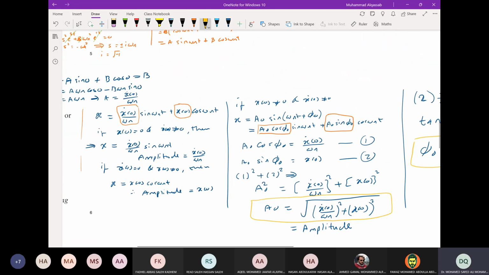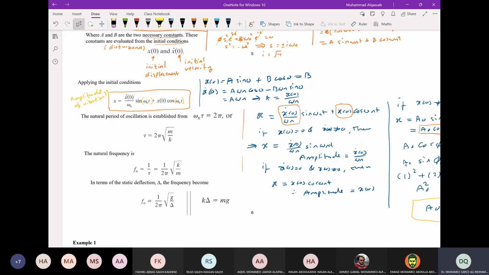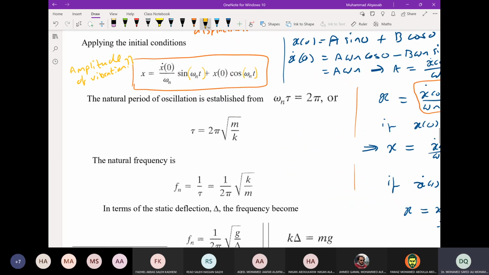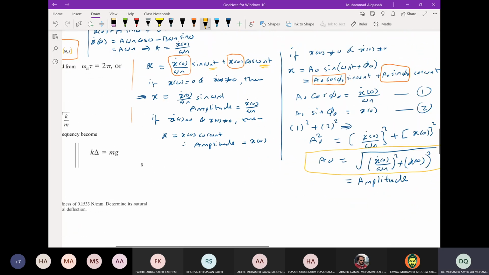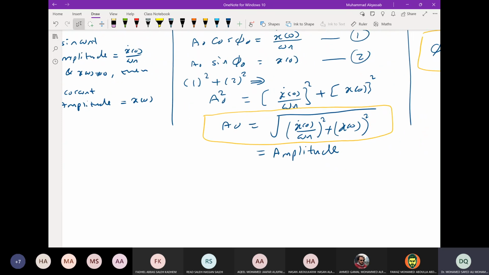We can do this because we have sine omega nt here and cosine omega nt, which is the same argument. So this is the way to get the amplitude. In general, this is the amplitude equation, right?